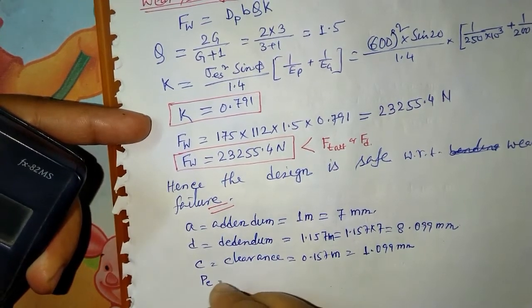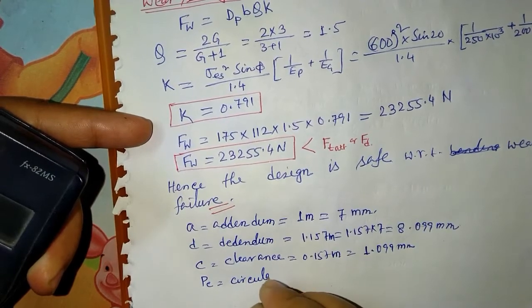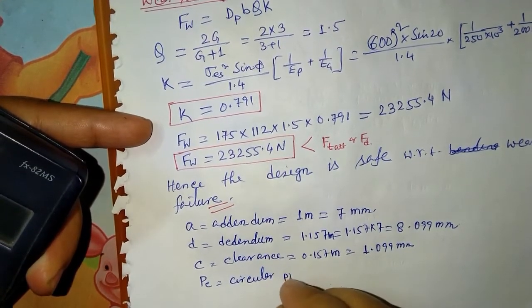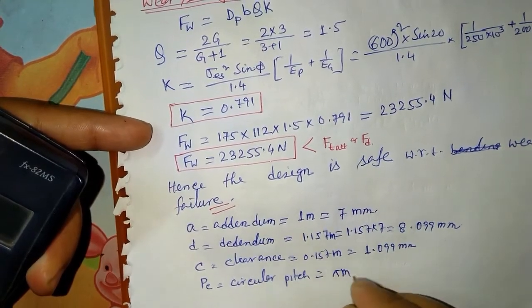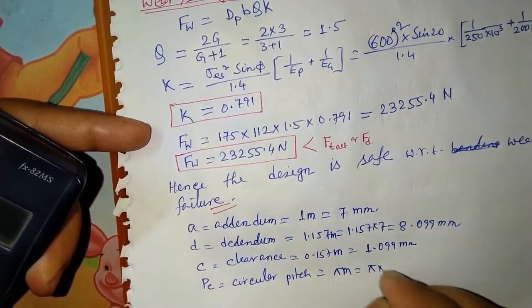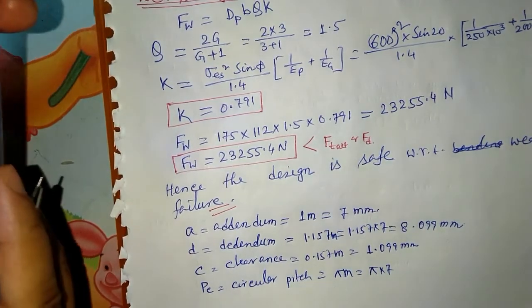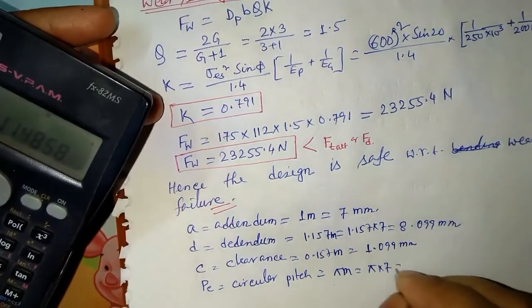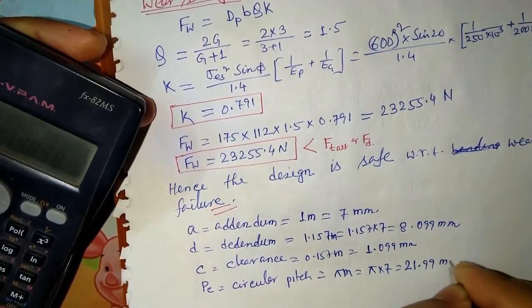Similarly, face width we have already found. PC, that is our circular pitch, is pi into m, so pi into 7, and this is our 21.99 millimeter.